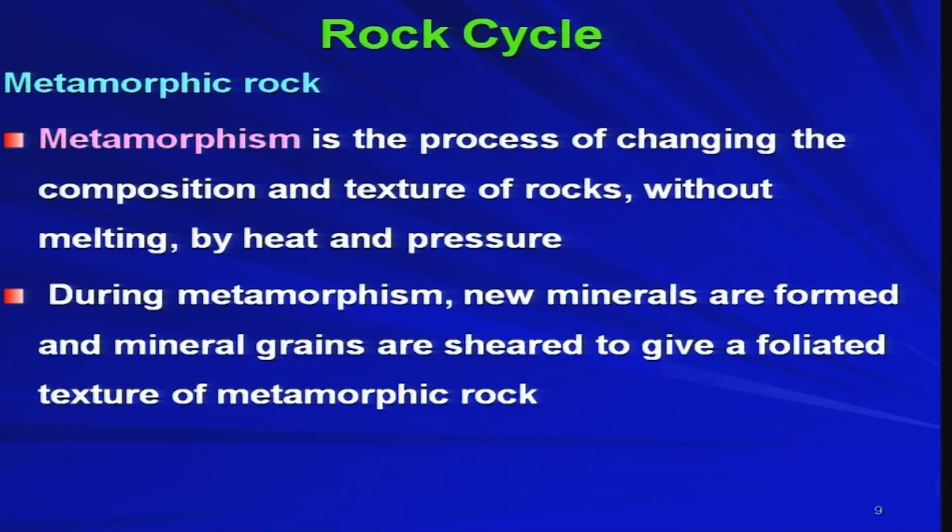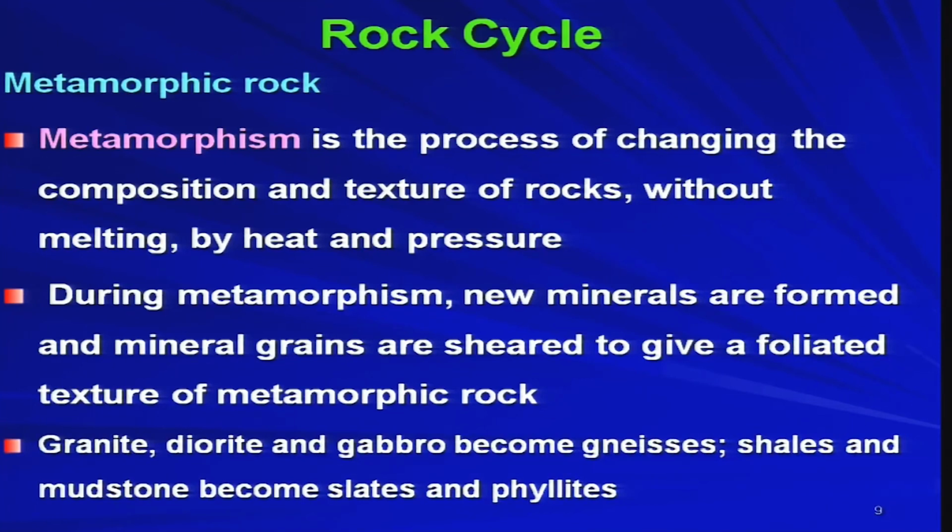So, basically during metamorphism you will have some chemical reaction and you may get some new minerals in the rock formation. Now, granite, diorite and gabbro become gneisses. So, basically this is the metamorphism process.